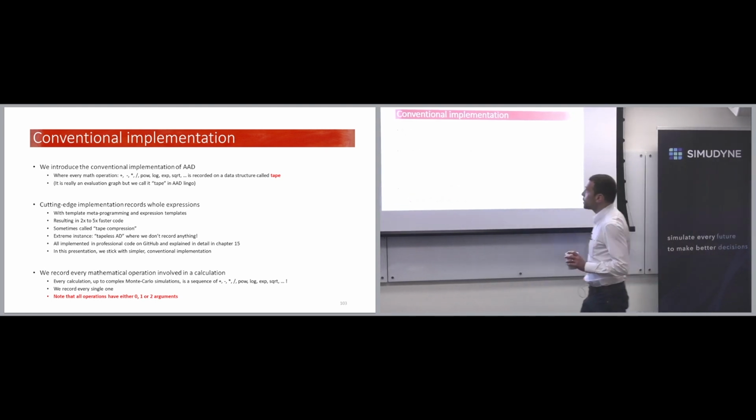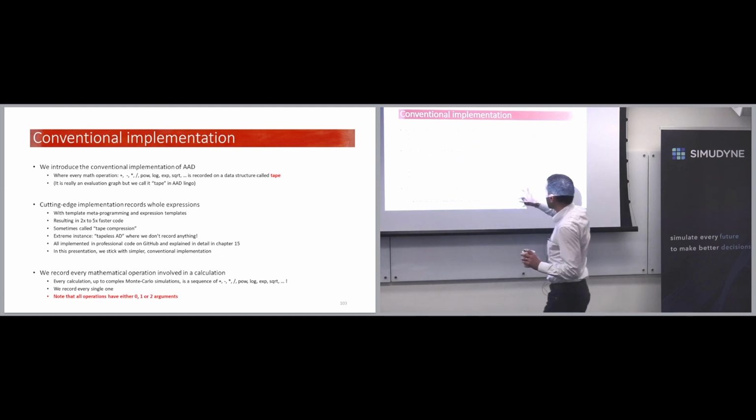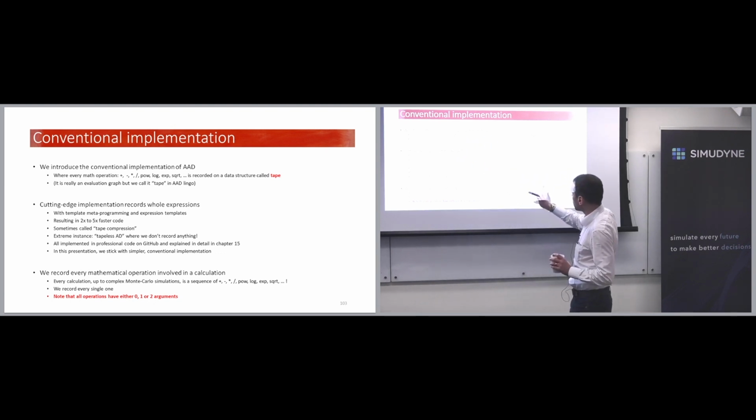What we do in this conventional implementation is that we actually record every mathematical operation, every addition, every difference, every multiplication, division, power, logarithm, exponent. Every single one is recorded on a data structure that we call the tape.